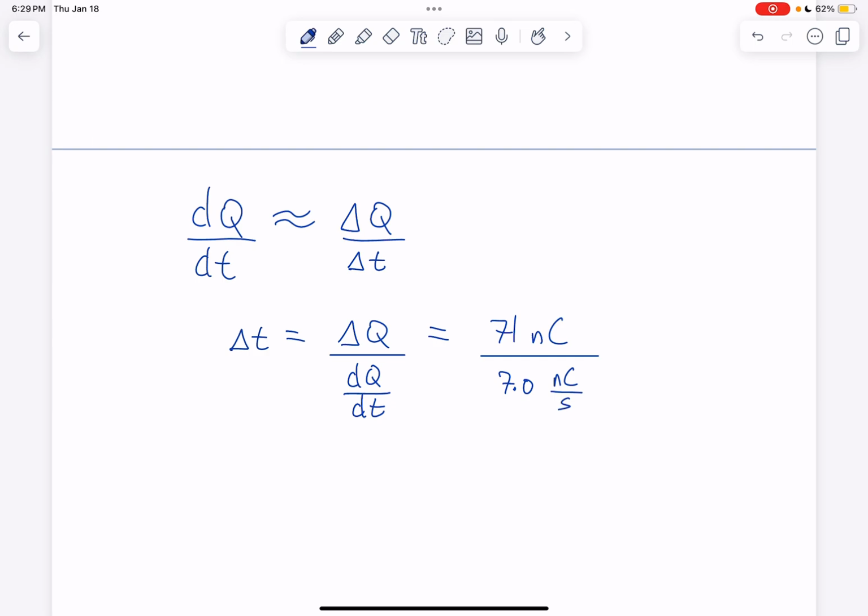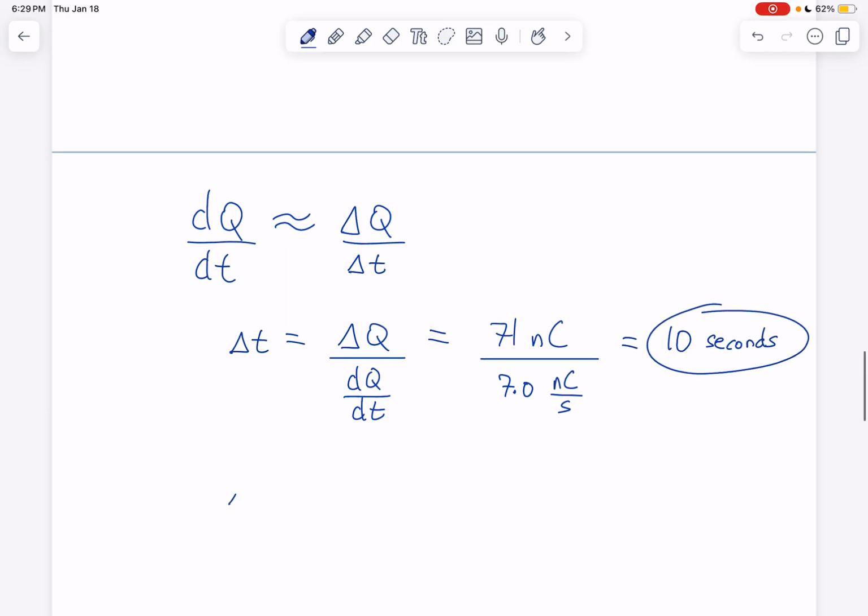All right, well, that is effectively 10 seconds. Or if we wanted to be unambiguous about our significant figures, there's 2 in this question, so we would say 1.0 times 10 to the 1.